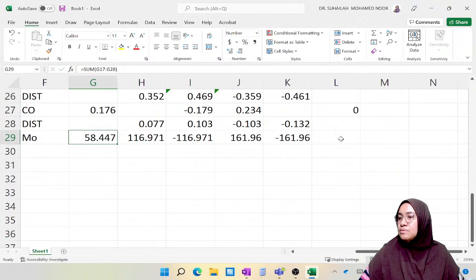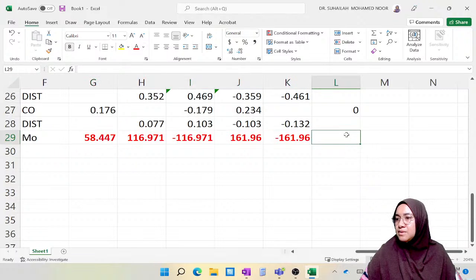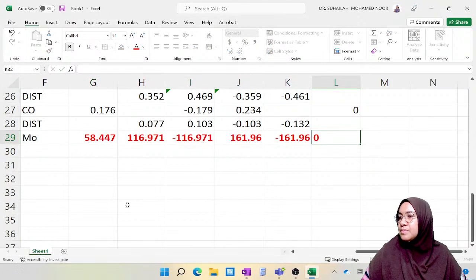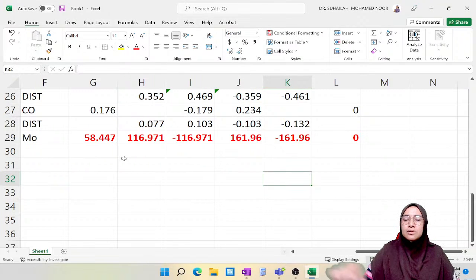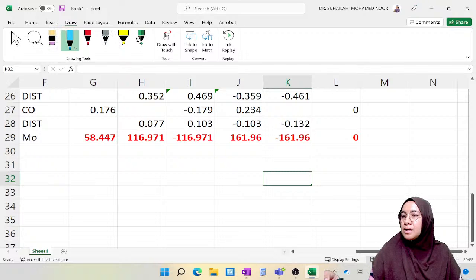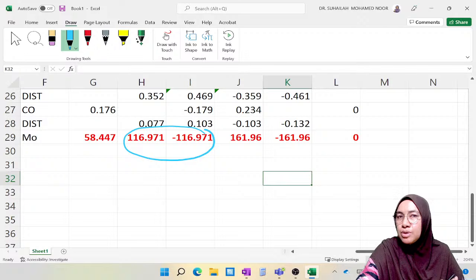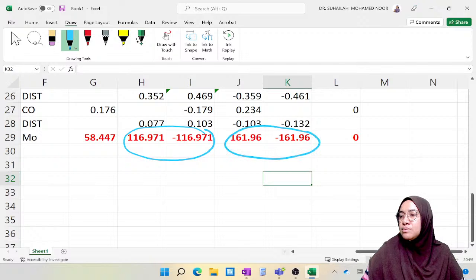Okay, so from this, the last value is 0. Do you see it here? This total is equivalent to 0 because rigid joint MB is equivalent to 0. MC is also equivalent to 0.